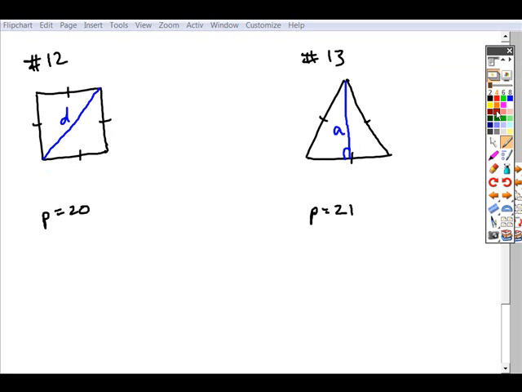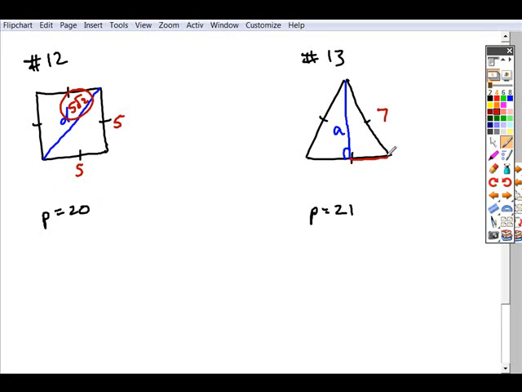Perimeter is 20. What does that mean each side length is? 5. And if each side is 5, what does that mean the diagonal in this case would be? 5 root 2. And then in question 13, your equilateral triangle, if the perimeter is 21, what does that mean each side length is?